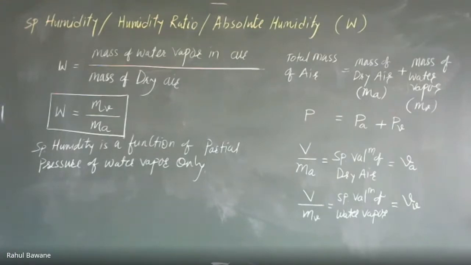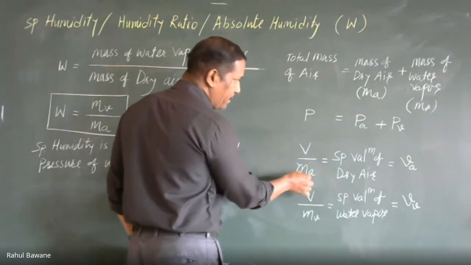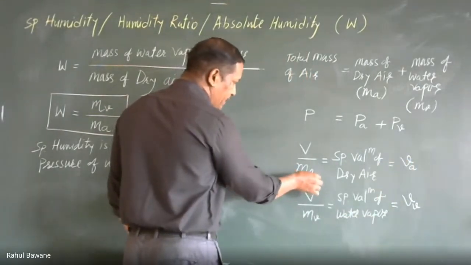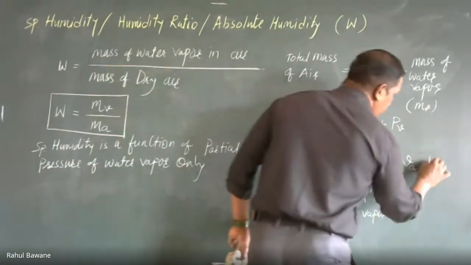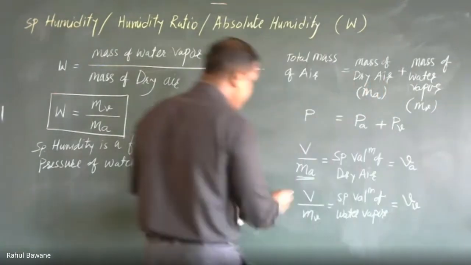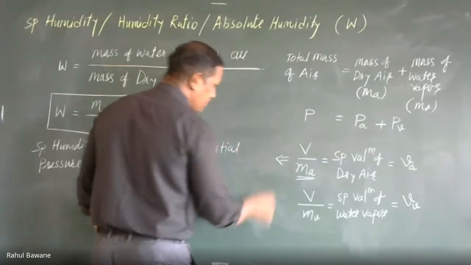Now we have these terms, the mass ratio, so we will convert it into a specific volume ratio. V upon ma is va. I want to find the value of ma, so ma will shift to this side.